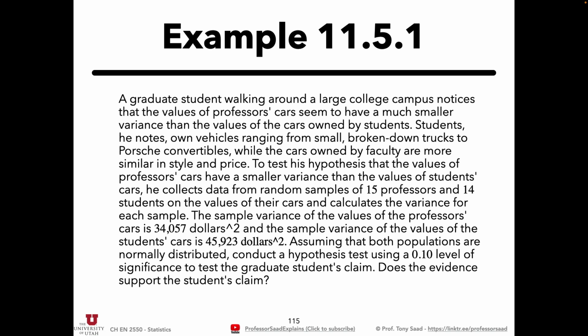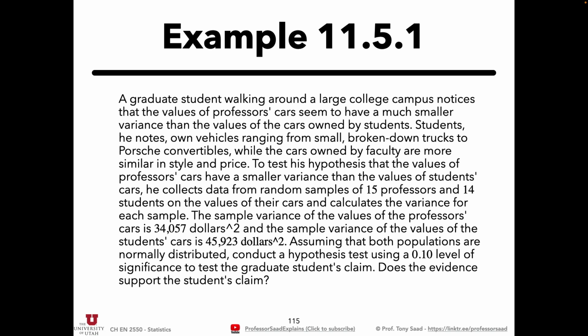So he observes that there's more variance among students, who are possibly at different earning levels. Some of them are working, some are not, coming from different backgrounds. So their income level has not equalized yet to a certain extent.